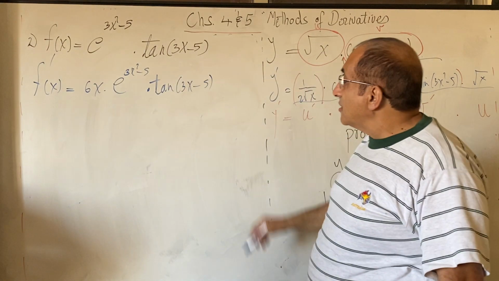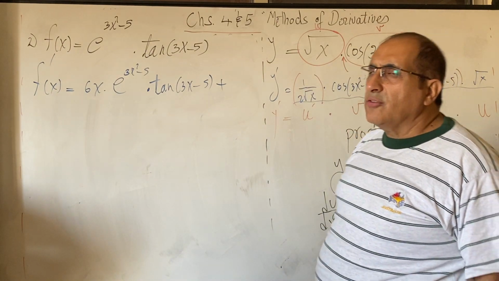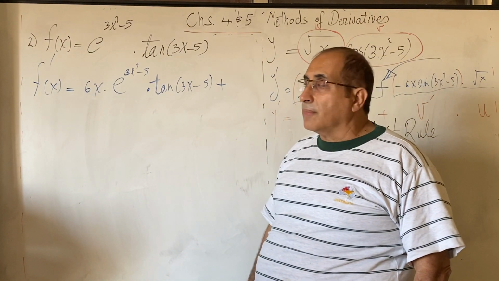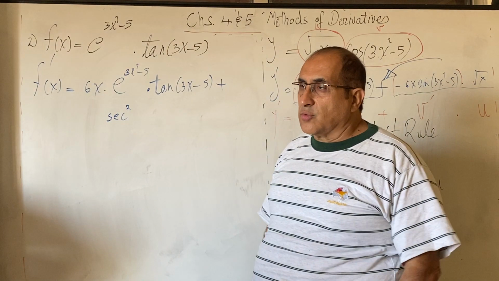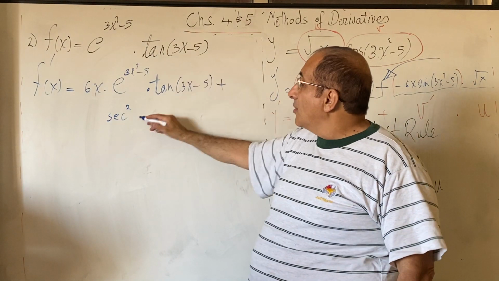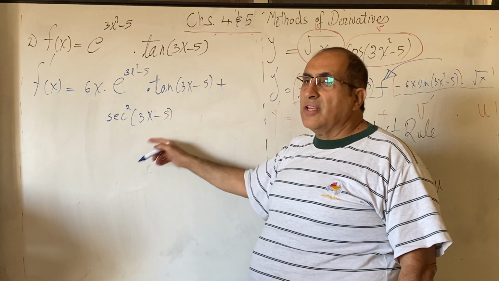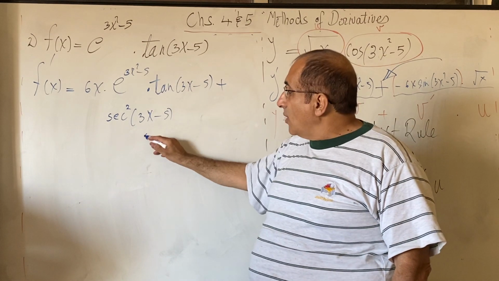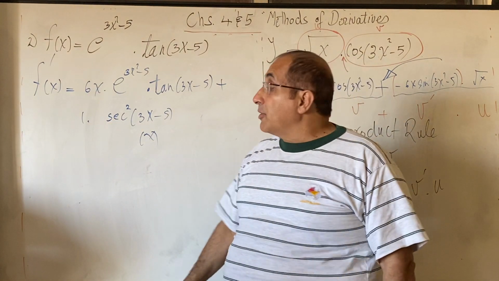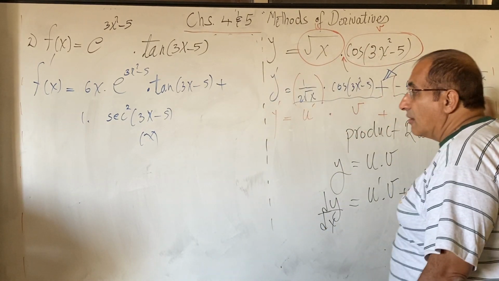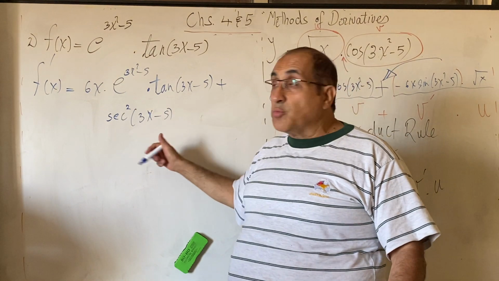If you don't have space to continue, then go down. What's the derivative of tangent? We discussed it in chapter 3. It is secant squared, so you have to put secant squared. What's the angle here? 3x minus 5. By using the chain rule, what is the derivative of the angle? If the angle was x, the derivative is 1, and we don't put it. But because the angle now is a bit more complex, the derivative of the angle, 3x minus 5, is 3.